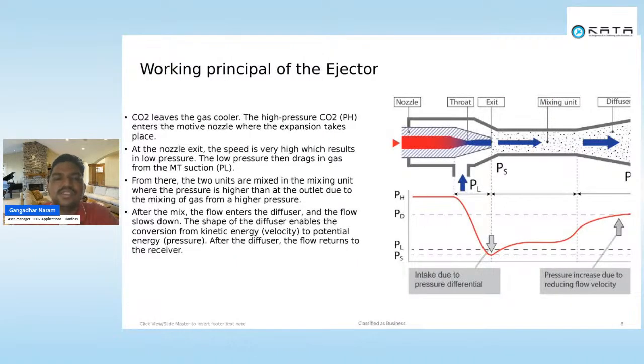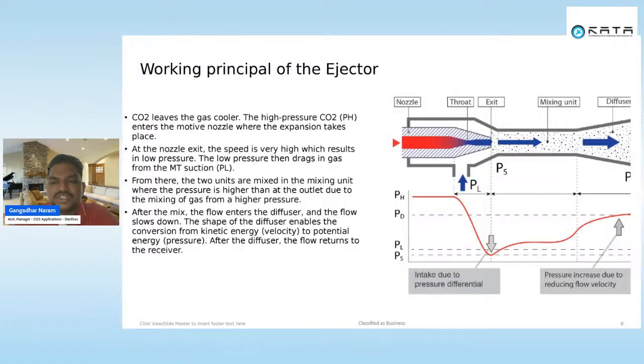So this is the working principle of the ejector, where the gas cooler outlet gas, with its flow rate, enters at one side. On the other side, some of the gas from the MT evaporator outlet enters. When these two gases mix in the mixing unit, there is a nozzle and a throat with a lesser diameter, which causes an increase in velocity and a decrease in pressure.